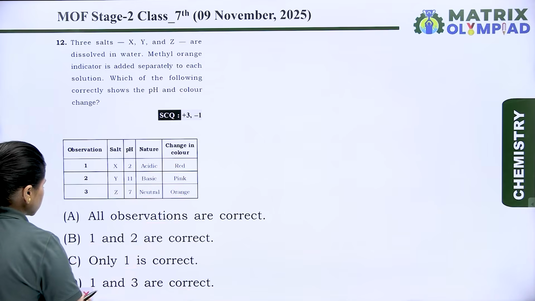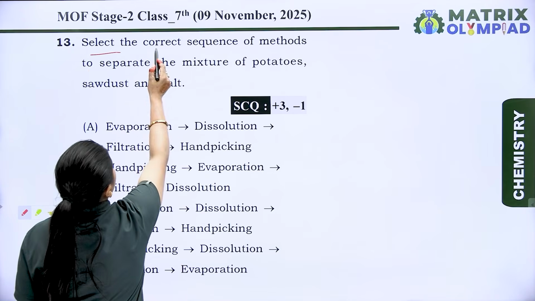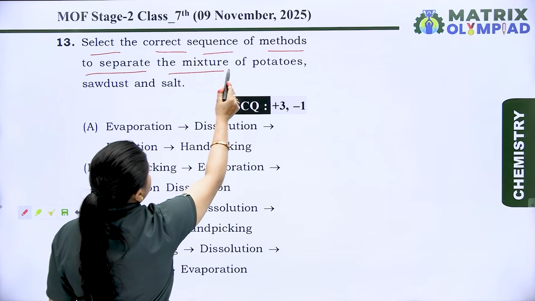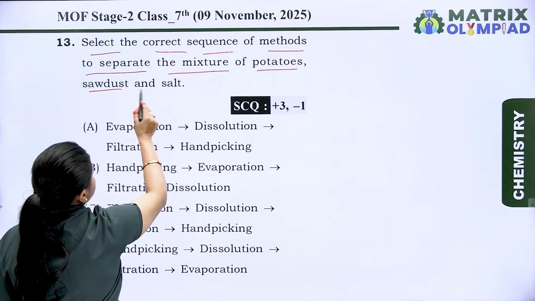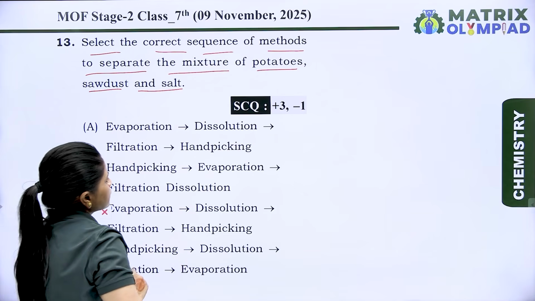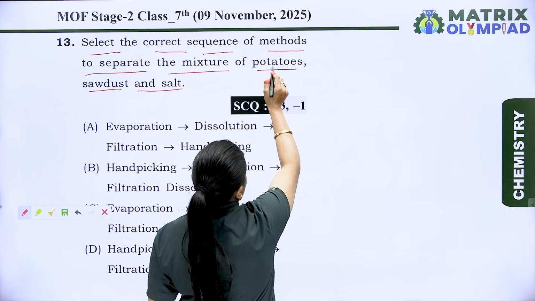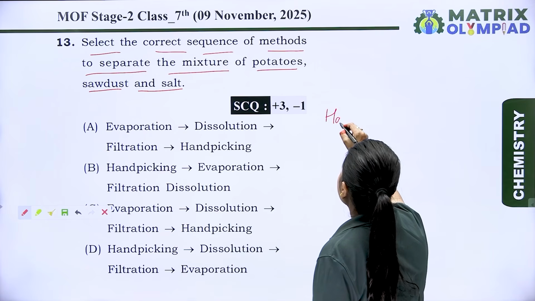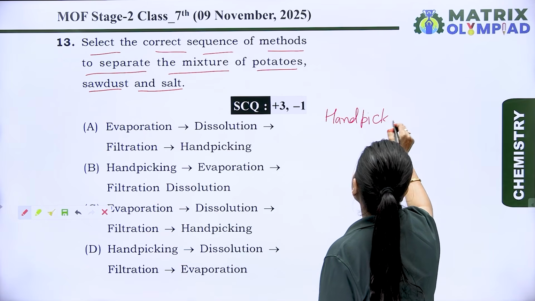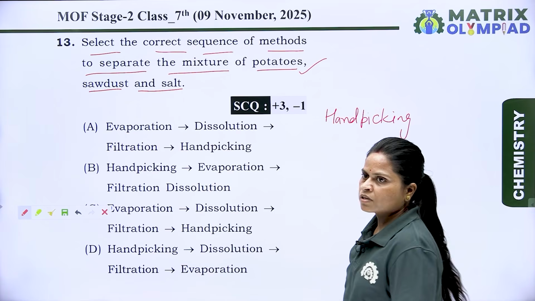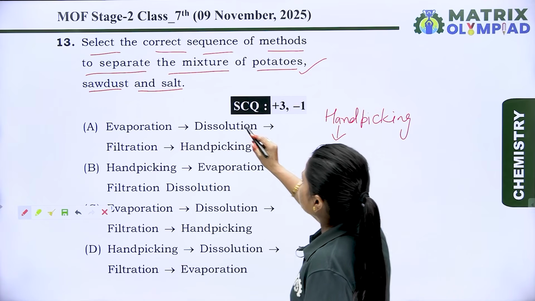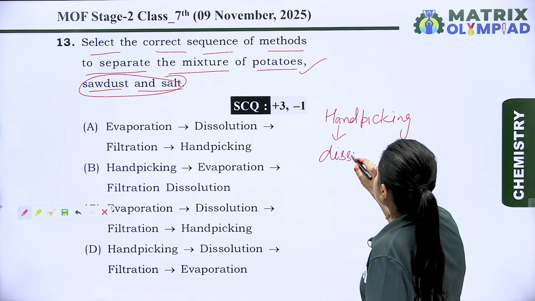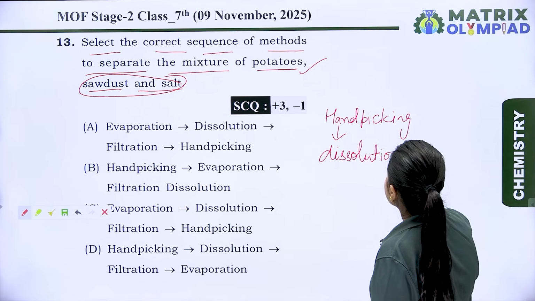Now the next question is, select the correct sequence of methods to separate the mixture of potatoes, sawdust and salt. Let's discuss the question. For the mixture of potato, sawdust and salt, we have to choose first hand picking. By hand picking we can separate the potatoes. After this we have to dissolve the mixture of sawdust and salt.